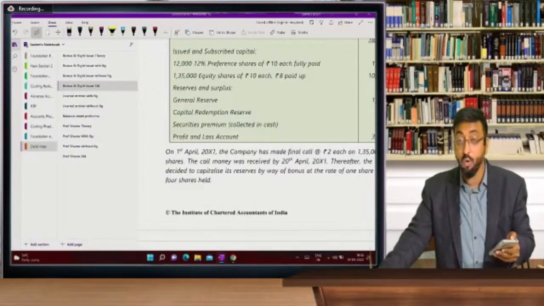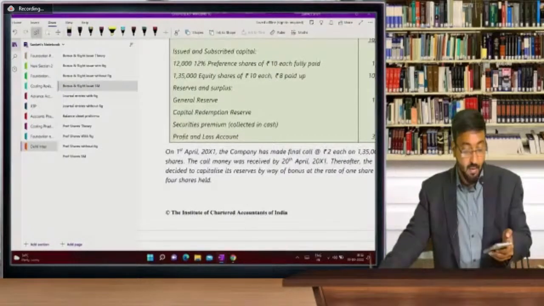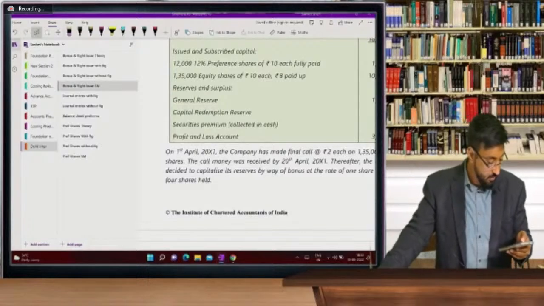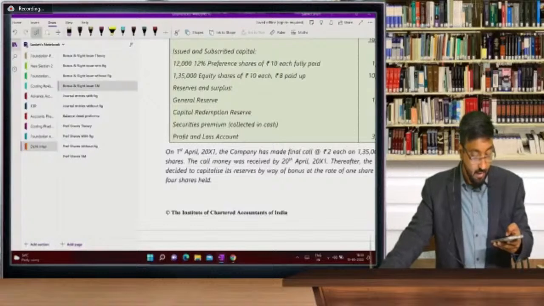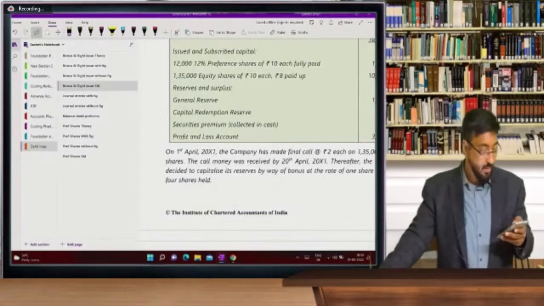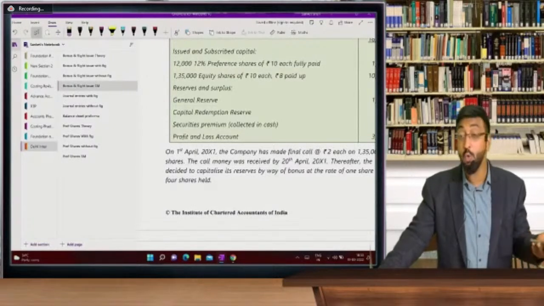Under download notes you will get paper 1 and paper 8B, and under paper 1 you will get notes for accounting for bonus shares, and above that redemption of preference shares. That's how you are going to receive these notes in our app.